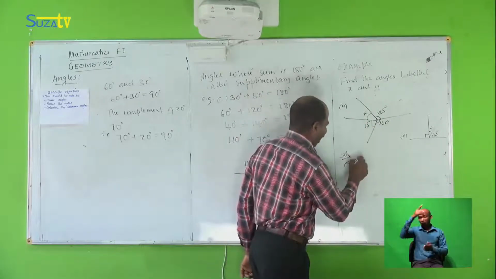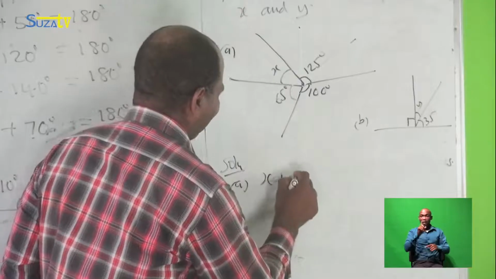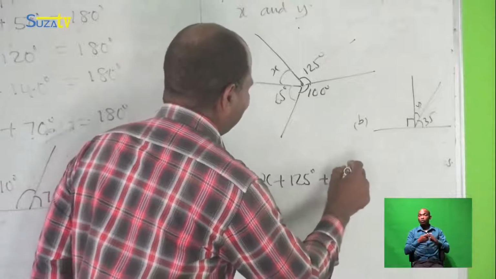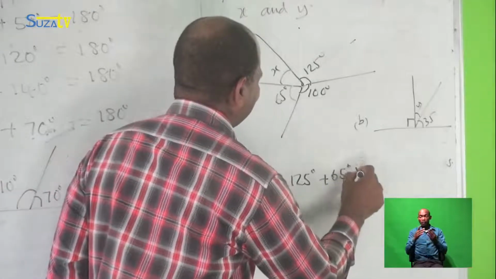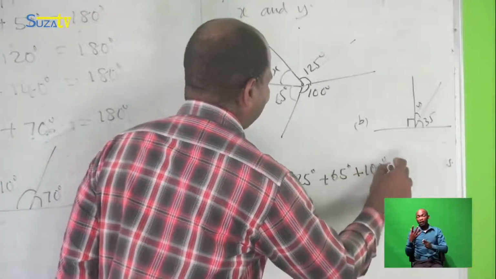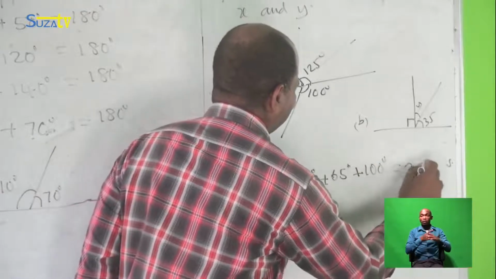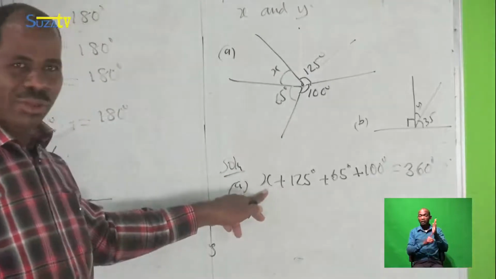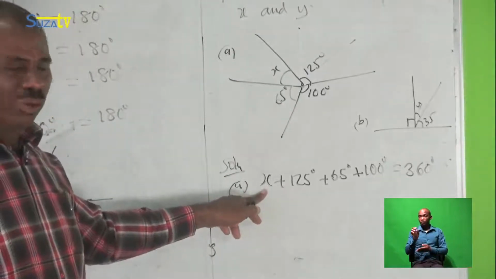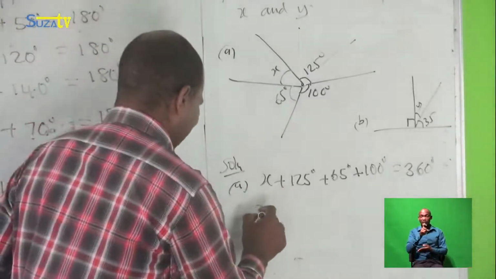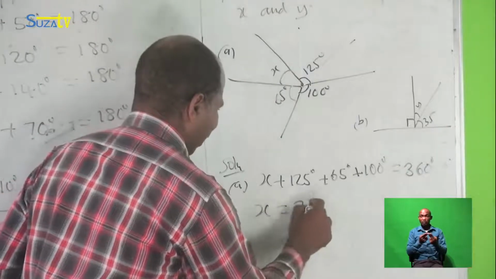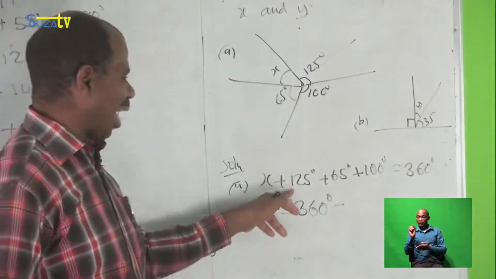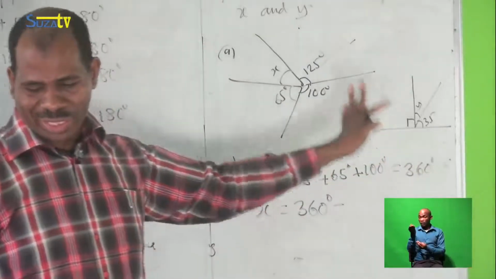So add X plus 125 degrees plus 65 plus 100 is equal to 360 degrees. And then we want to find the value of x. So x is equal to 360 degrees minus the sum of the rest of the angles.